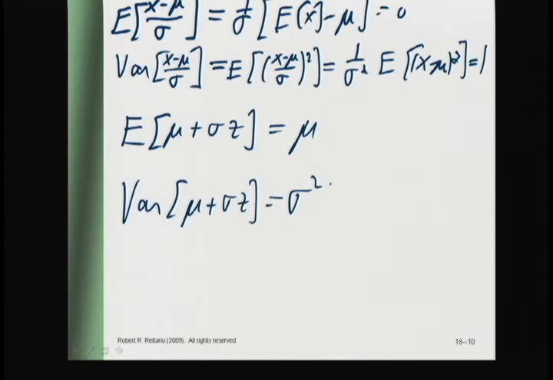What's interesting and important about this prior slide is the normality of the random variable x minus mu over sigma, and also the normality of mu plus sigma z. It's the preservation of the distribution that is the less obvious, perhaps, consequence, not the moment values. So let's look at that.